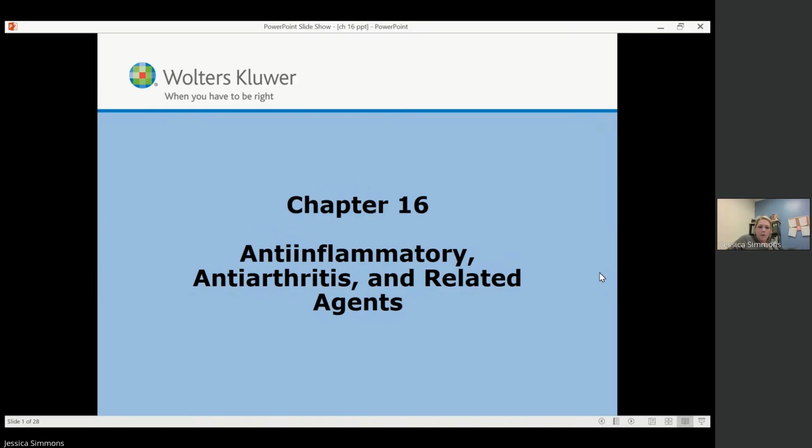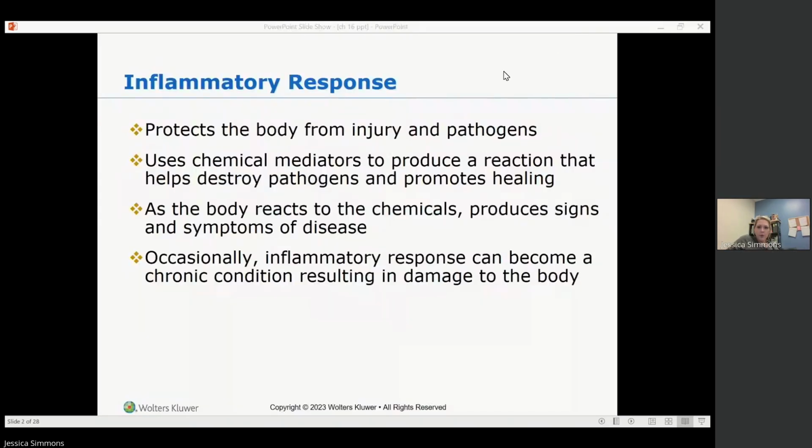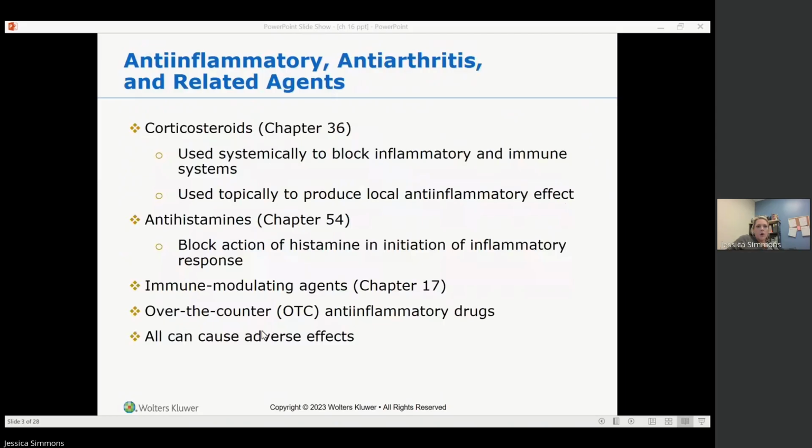So the inflammatory response, we literally just talked about this. It protects the body from injury and pathogens, uses chemical mediators to produce a reaction that helps destroy pathogens and promotes healing. As the body reacts to the chemicals, it produces signs and symptoms of disease. Occasionally, the inflammatory response can become a chronic condition resulting in damage to the body.